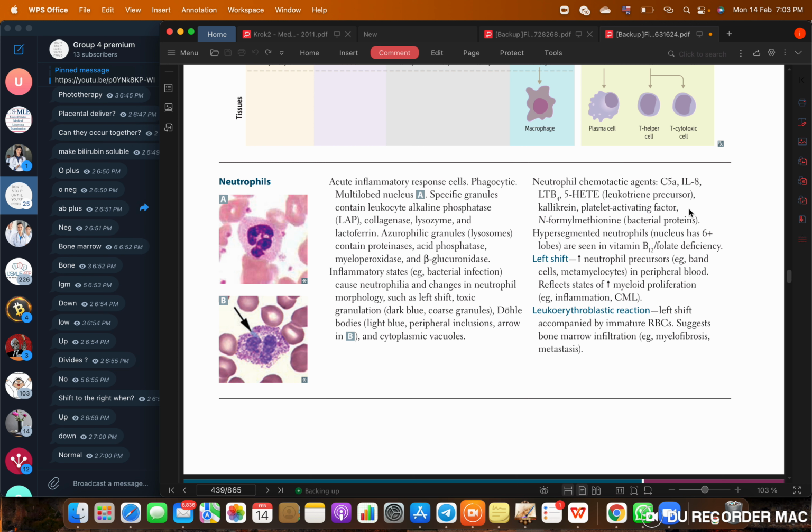And the most important thing for me personally is the bacterial protein known as N-formyl methionine. This will be tricky. I don't expect anybody to know what that is. But do you remember where we saw N-formyl methionine? Any idea? I told you it's a chemotactic agent and all of that, but it had one importance, if you remember. Well, I did not expect you to remember it.